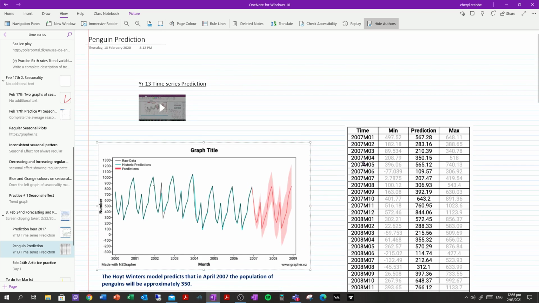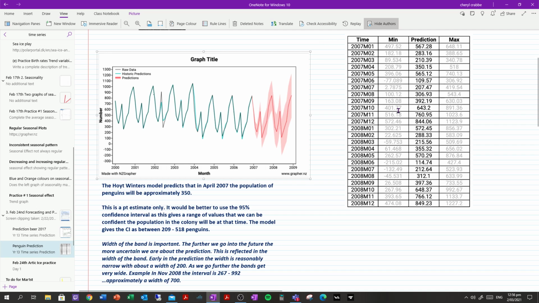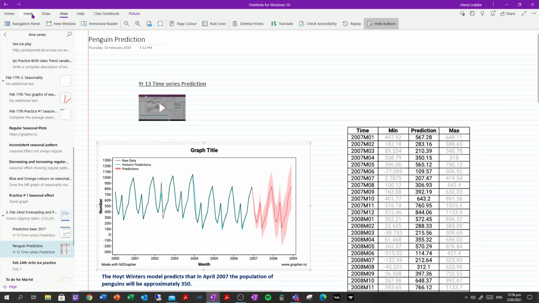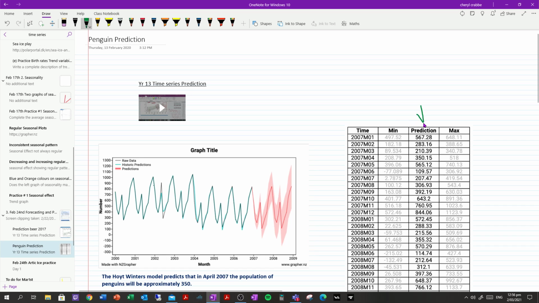And then we have over here the chart that gives us the actual prediction. So this thing here is the actual prediction, this column. It's called a point estimate. This is what our model predicts that on this particular time frame we will have.